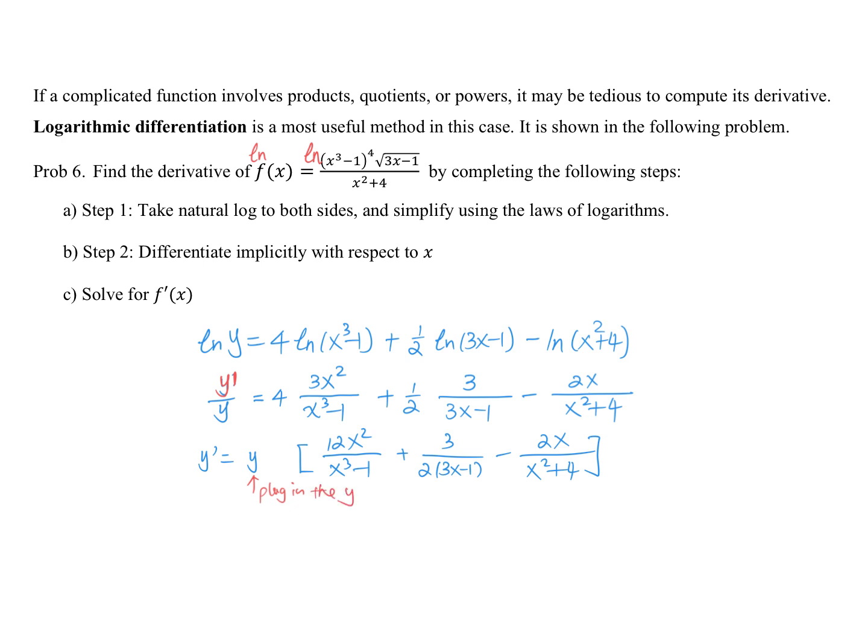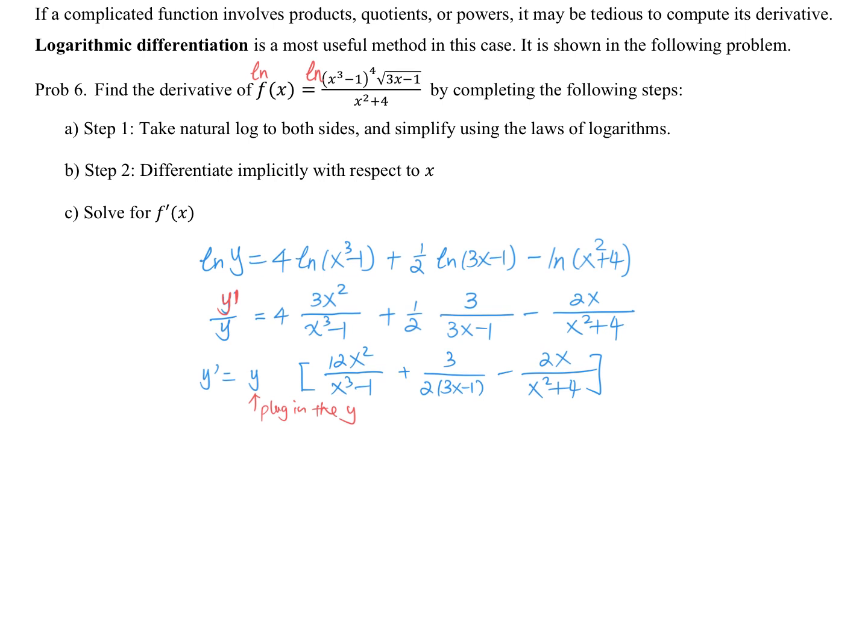Therefore finally this is what you are going to answer, which is x cubed minus 1 to the power 4 times the square root of 3x minus 1 over x squared plus 4, times this whole expression. And this is it. Okay, so this is pretty much what we discussed in this section.